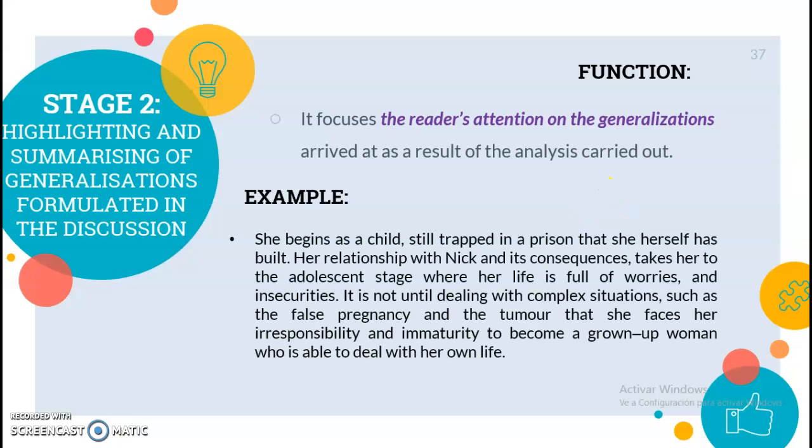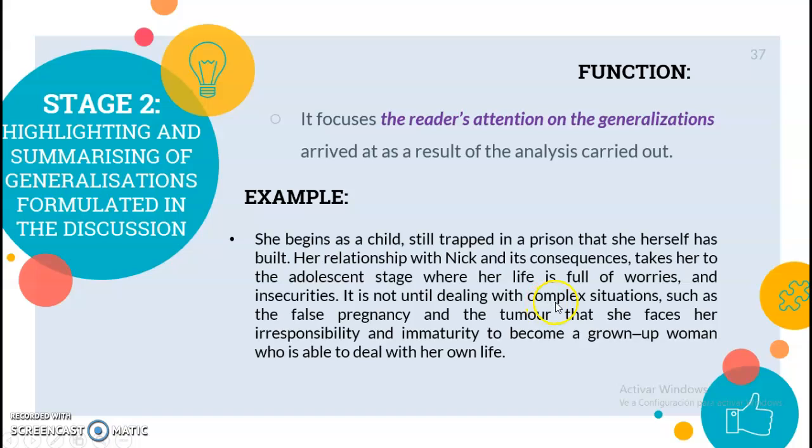For example, she begins as a child, still trapped in a prison that she herself has built. Her relationship with Nick and its consequences takes her to the adolescent stage where her life is full of worries and insecurities.